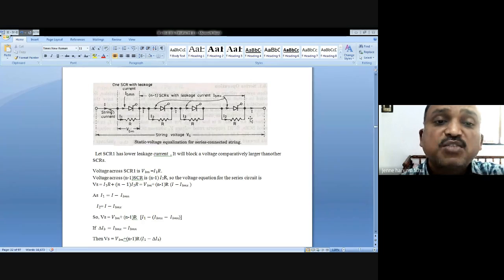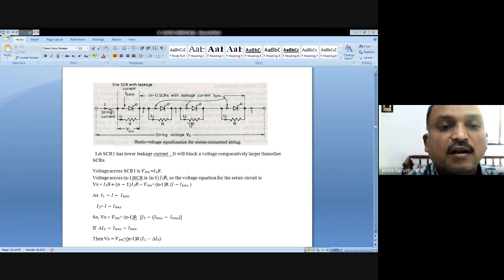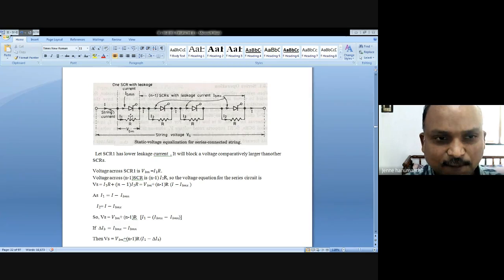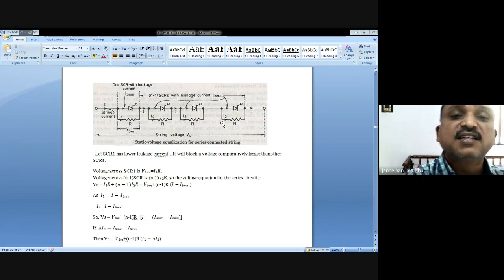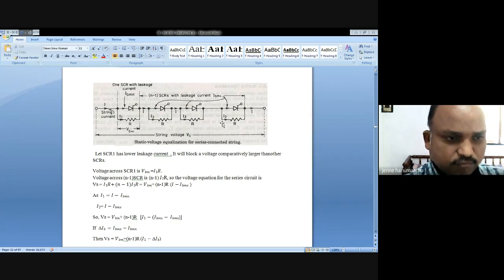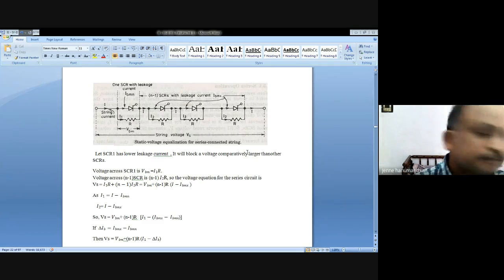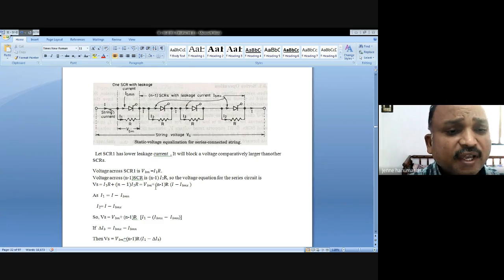Up to n minus 1 thyristors the current is the same, I2 into R. Everywhere is R, but for the first it is I1 into R. So the drop is I1 into R for the first thyristor, and for the remaining n minus 1 thyristors, the drop is n minus 1 into I2 into R. So the voltage equation for the series circuit: Vs can be calculated like this.